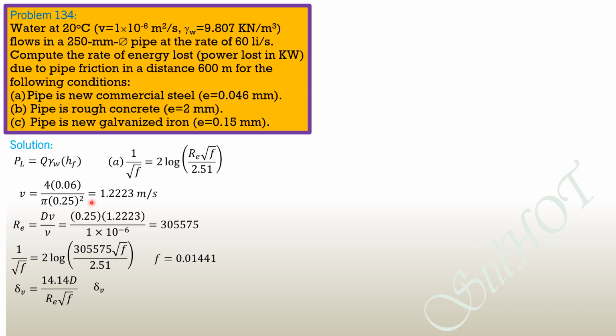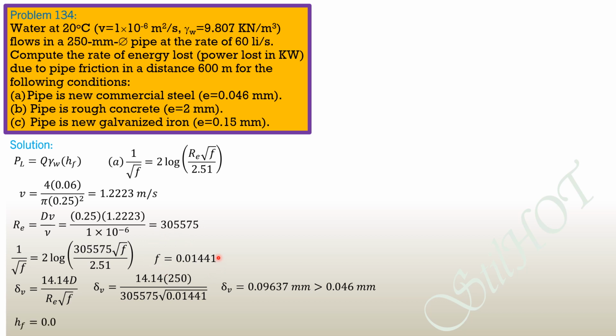So 14.14 times 250 mm over 305,575 square root of 0.01441. It is equal to 0.09637 mm, which is greater than 0.046 mm. So that means we have verified that the pipe behaves as a smooth pipe. Therefore, the friction factor is adopted here.